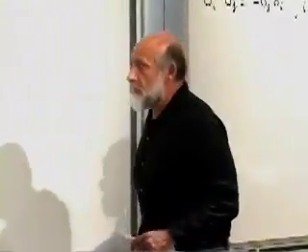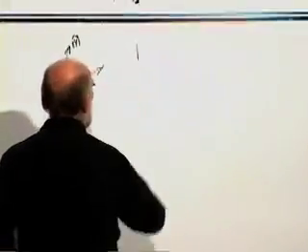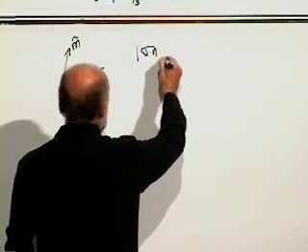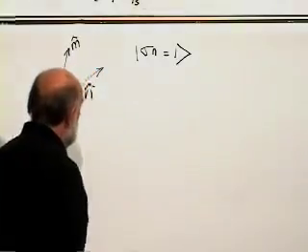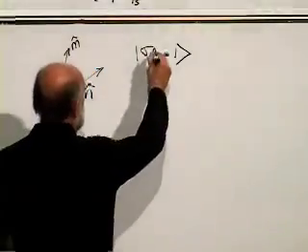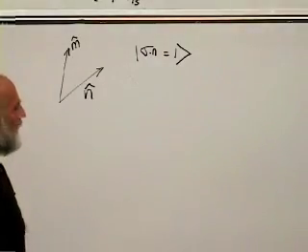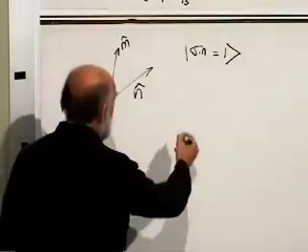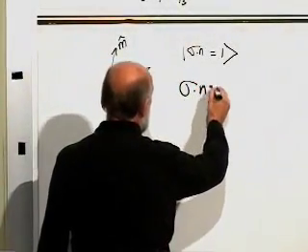Okay, so let's first invent a notation. First of all, I'm going to invent a notation for the eigenvector of sigma dot n equals +1. I'll just call it the eigenvector of sigma dot n with eigenvalue +1. What does it satisfy?